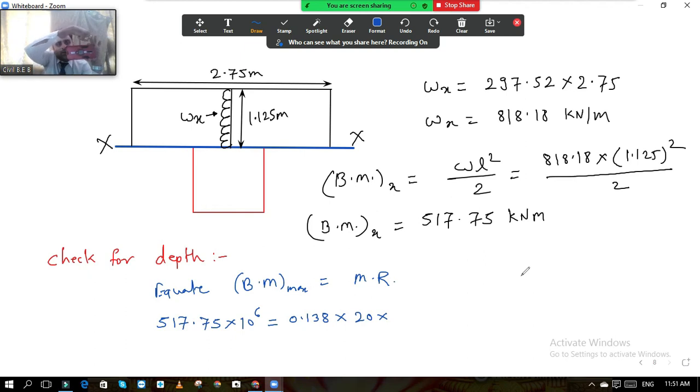If you have considered the bending moment of the x section, then the dimension parallel to x becomes your length, and the dimension perpendicular to it becomes your width. In our case both are the same because we are designing a square footing. So this is 2.75, this is also 2.75.